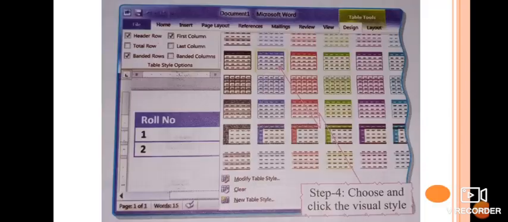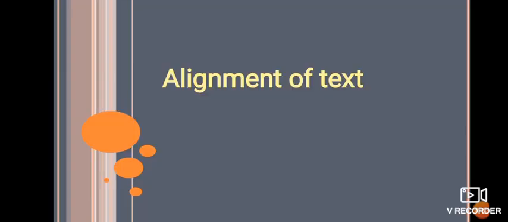You can choose any style and the preview of the selected style can be seen on the table. Then click to apply. After applying, the table is modified in your desired style. Alright, this is all about the tables.